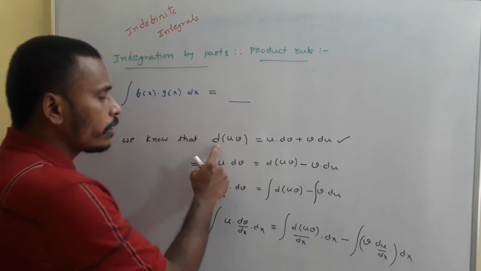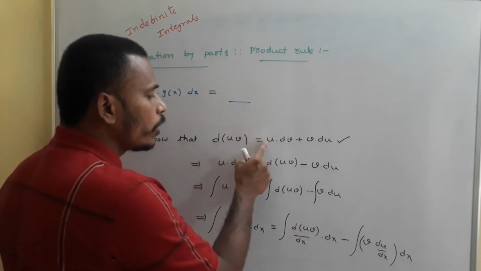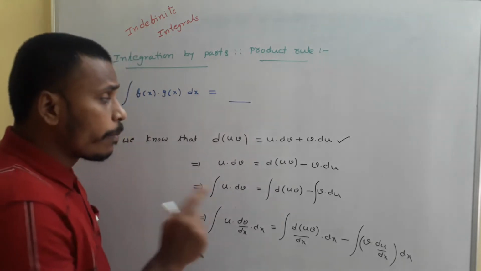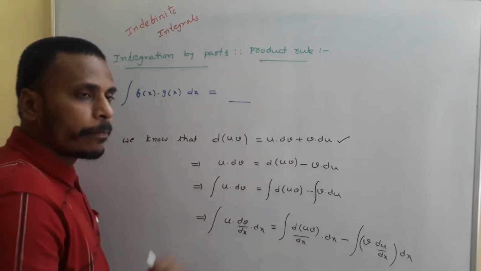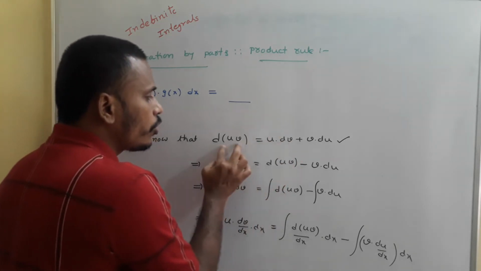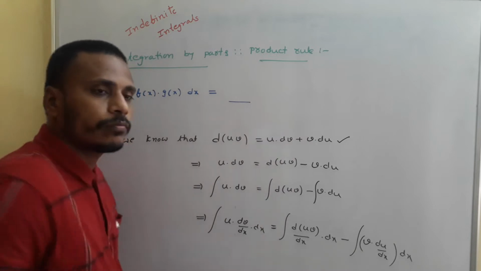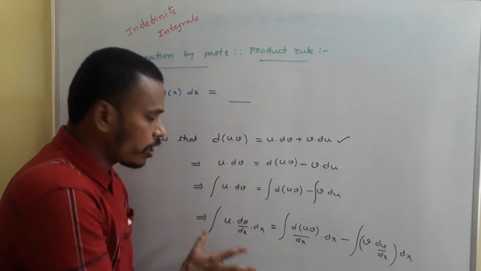So have a look. This is the derivative of uv: the first function u into the derivative of the second function v, plus the second function v into the derivative of the first function u. And now what is u into dv? u into dv is this d(uv) minus v du. Everything is with respect to x, I just won't mention it here, but I will mention it in the last step.